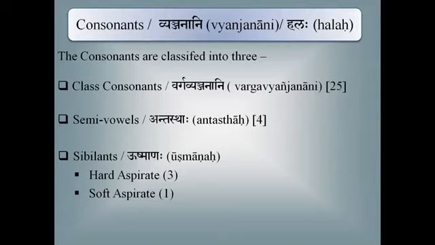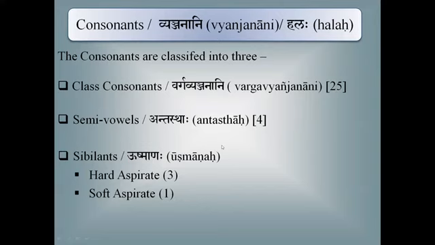Ushmana is divided into two, hard aspirate and soft aspirate. What is the Saṃskṛta name for hard aspirate? Dirgha is not the word. Dirgha means long. Dirgha, Hrasva, it is there for the vowels. Have you heard the word Mahapranaha? Yes, that's what it is. Mahapranaha, Alpapranaha.